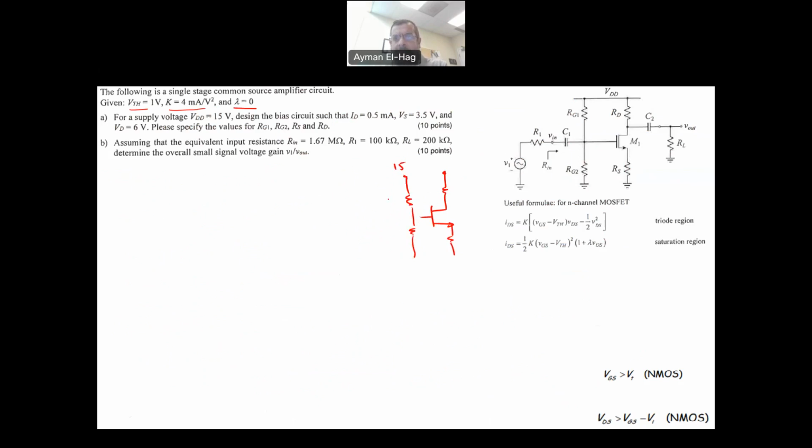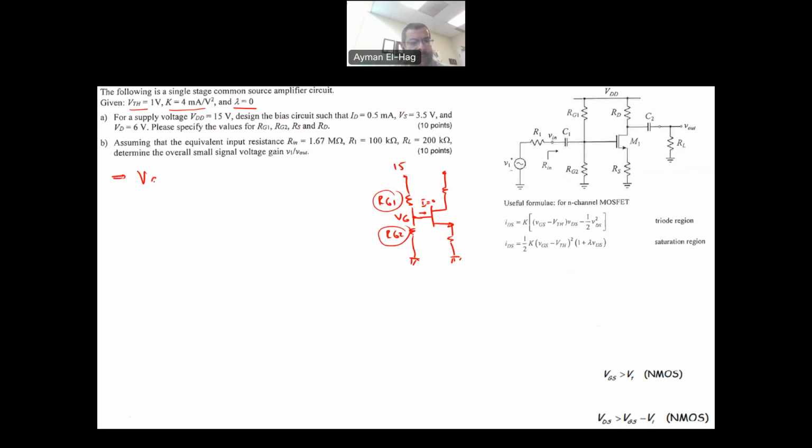This is your 15 volt, this is your RG1, and this is your RG2, and these are grounded. Here we will have our VG. Because the current here is equal to 0, RG1 and RG2 are in series, so we can apply voltage division.